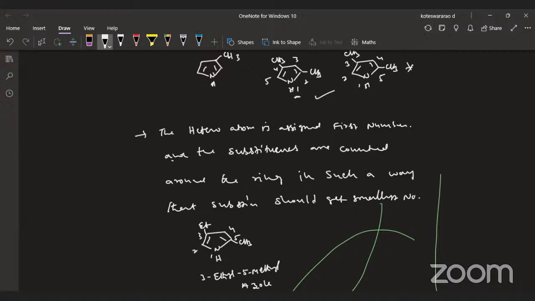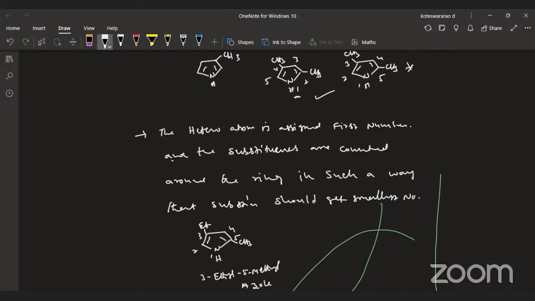In this way, you need to assign the numbering. Again I'm repeating the same sentence: if more than one substituent is present, alphabetical order should be followed in such a way that the first alphabet gets the minimum number during the numbering.